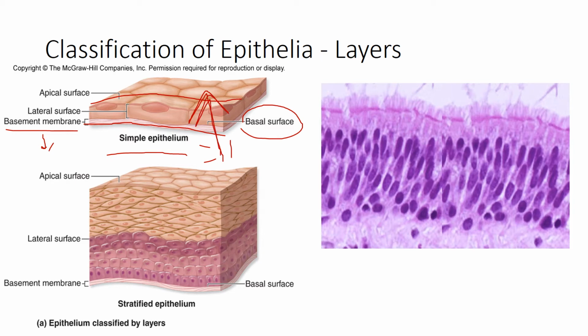Okay, next what we have is the stratified epithelium, and so this is going to be two or more layers of cells. And so not all of these cells have an apical surface or are attached to a basement membrane. Only the layer that is closest to the basement membrane will have the basal surface, the bottom layer, okay?